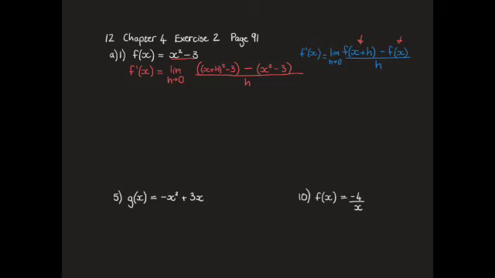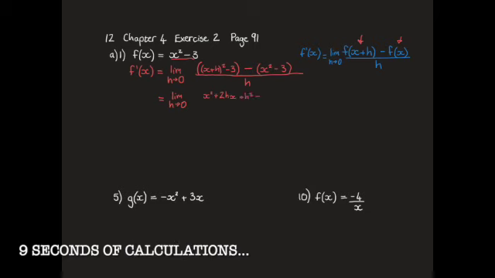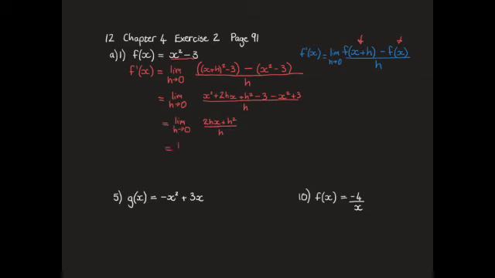Now our process is to then do all the multiplying out and stuff. So let's go ahead and do that. Now that we've got to this point, we're now going to take out our common factor, and we will always have a common factor of h.